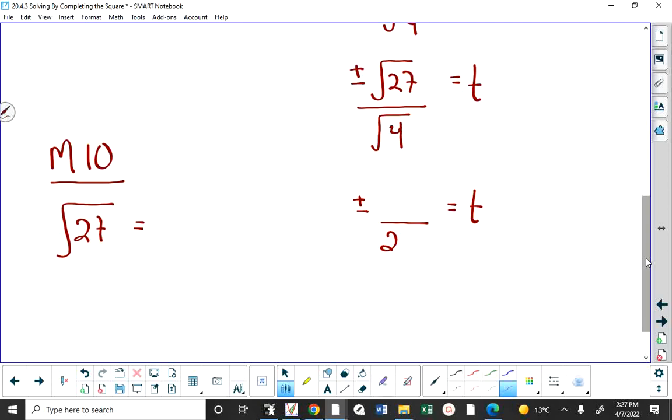Now, I want to spend time here going over the two ways to simplify it. If I taught Math 10C, what I would tell you is that we want to break 27 up into two numbers that multiply together, and one of them needs to be a perfect square. So I want everybody to come up with two numbers that multiply to give 27, where one of them is a perfect square.